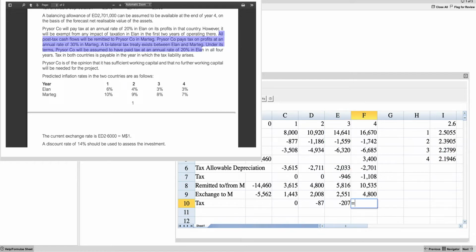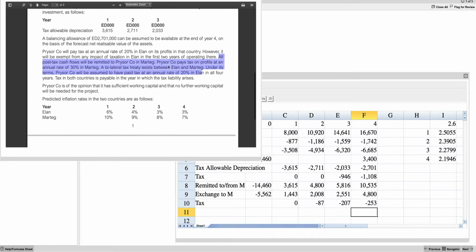Done. And then I'll do the same for year 4 then. So minus 10% times by, in brackets, their profits, sales, less the costs, less the tax allowable depreciation. But not forgetting that that's in E dollars, so needs exchanging. Okay, so that's the tax done.